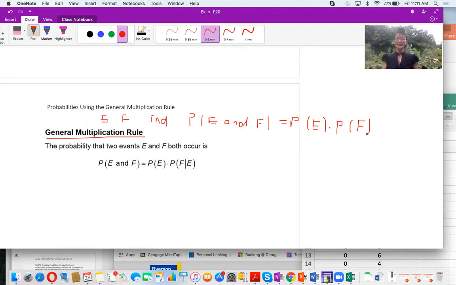When E and F are not independent, that is the general multiplication rule, use this formula here. The probability of E and F equals the probability of E times the probability of F under the condition of E. That is the general rule.